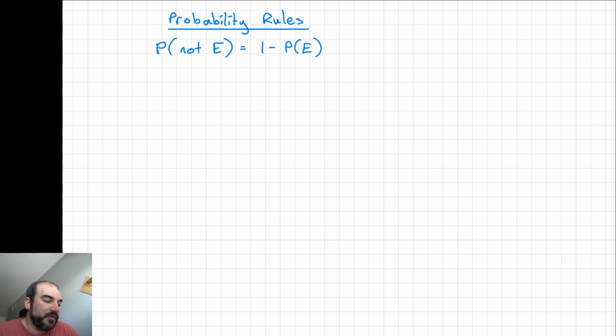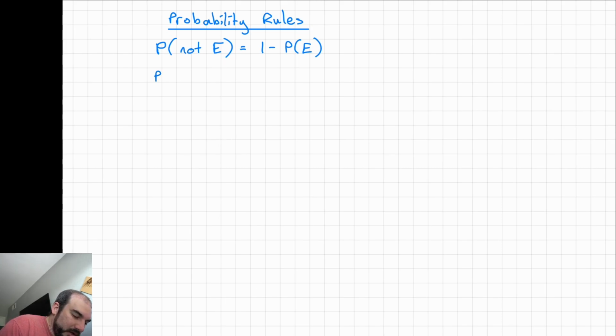If I say probability of rolling a 5, and then probability of rolling a not 5, that covers the whole sample space, which means those two probabilities should add up to 1. So we can find the probability of not getting a 5 by just doing 1 minus the probability of getting a 5. You'll do examples like that in today's problems; there is one problem that uses the not idea. So you do 1 minus the probability of E when you want to do the negation.